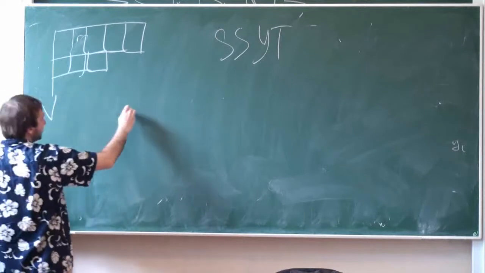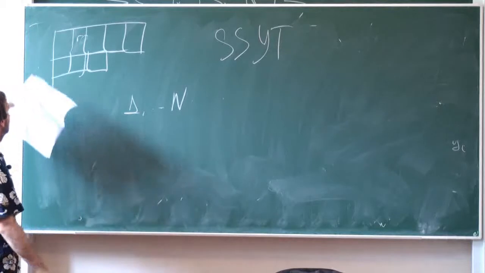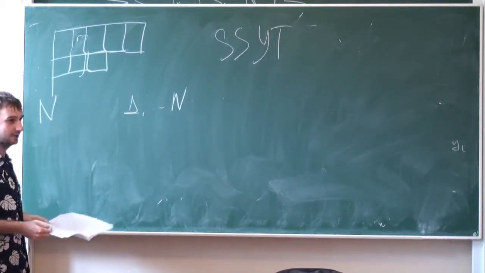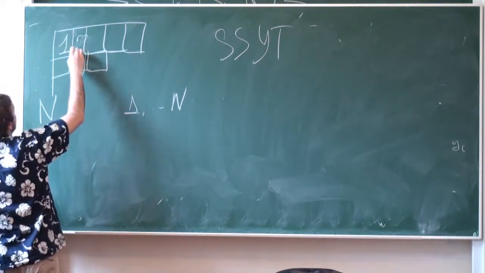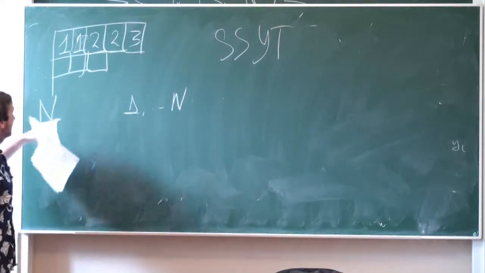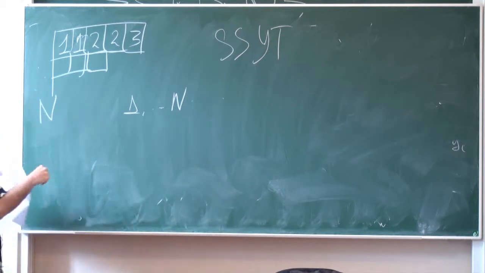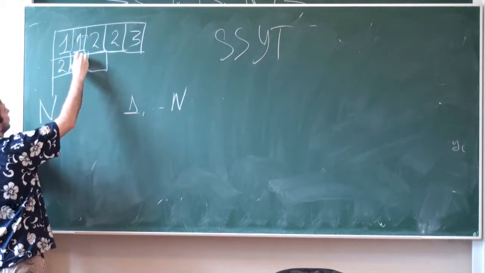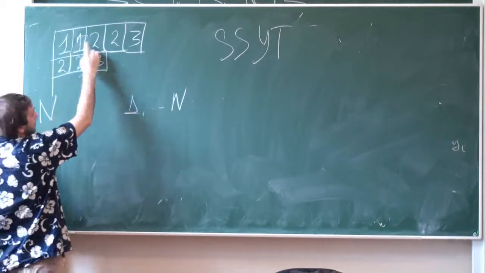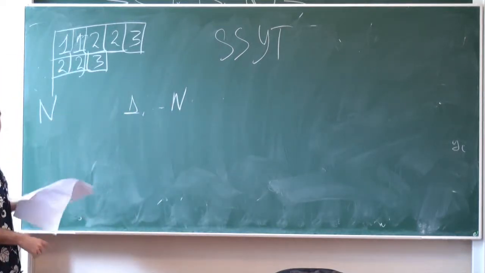We fill this Young diagram with numbers 1 to n in such a way that along the rows the numbers are weakly increasing, which means that they can be the same, like 1, 1, maybe 2, 2, 3. In the same way, along the columns, numbers should be strictly increasing. So something like maybe 2, 2, 3. So here we should have strict inequality. Here we should have weak inequality. So any such filling is called a semi-standard Young tableau.